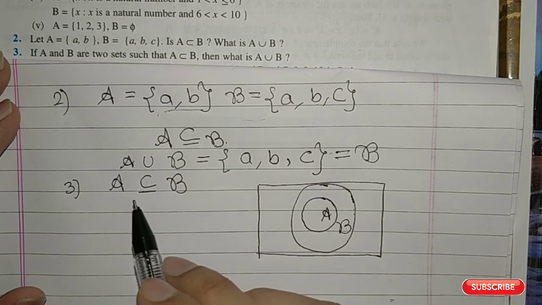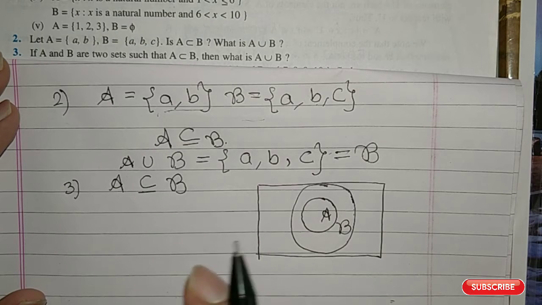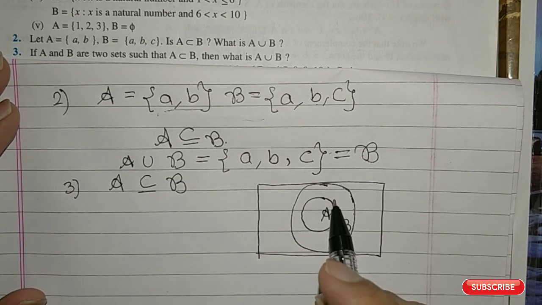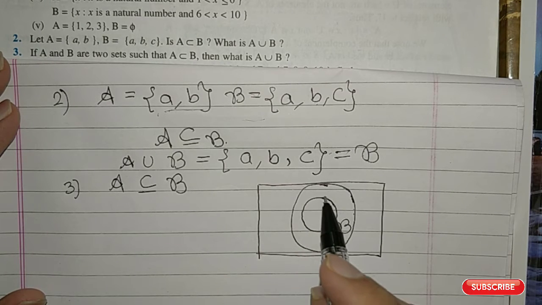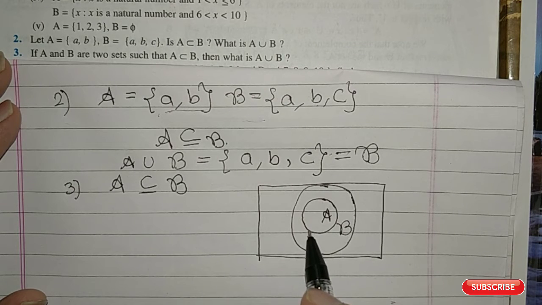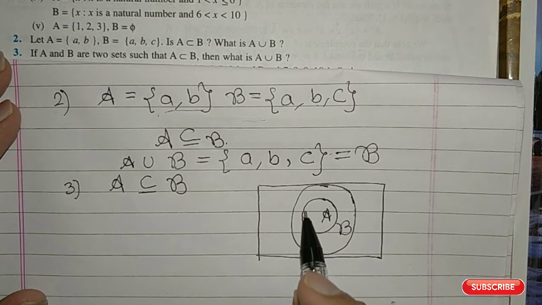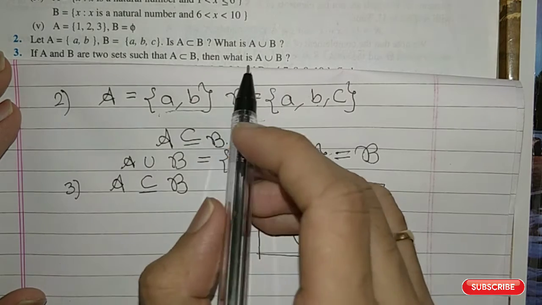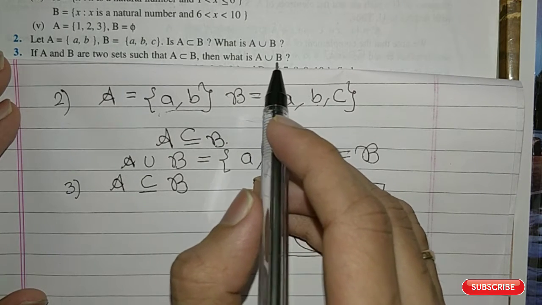Now what is the meaning of A is a subset of B? A is a subset of B means all the elements of A are elements of B. So you have to draw the set A inside the set B. Now they are asking what is A union B here.